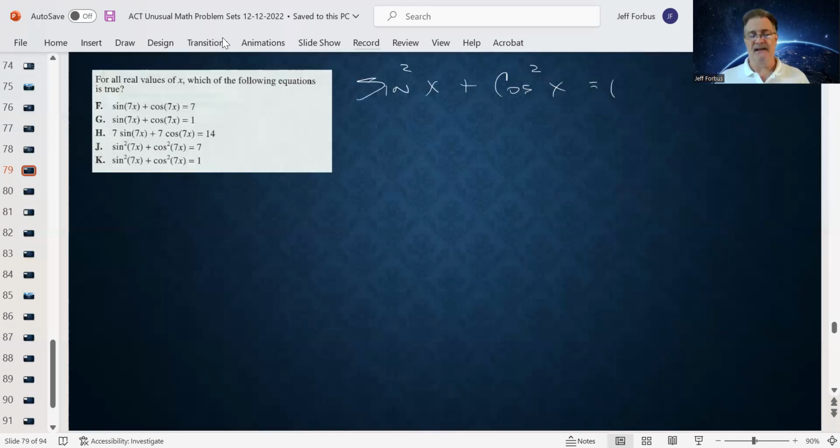You don't see these identities. Most people don't see them until they get into a pre-cal class. But you've got to memorize this, and you can use it to the best of your ability.